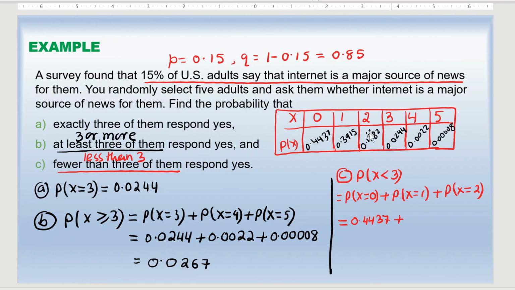Probability that x is equal to 1 is 0.3915, plus probability that x equal to 2 is 0.1382. And when we add this, the result will be 0.9734. So probability that fewer than 3 of them answer yes will be 0.9734. So that is the second example in this video.